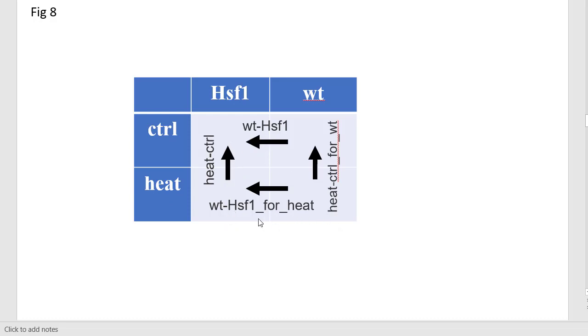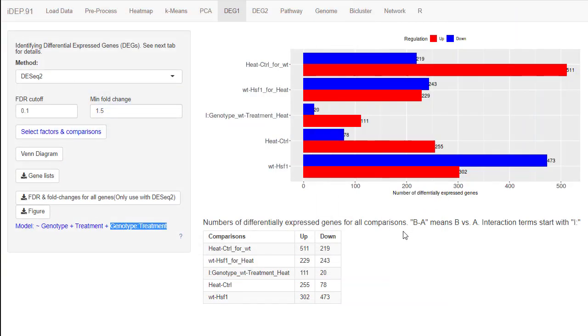For other directions, for example in here, wild type versus HSF1 for heat: if we ignore these and just focus on the with-treatment samples, the difference between wild type and mutant will be this factor. And then the response to heat for wild type is this. Okay, so that's how we interpret these, and you can see this interaction term.